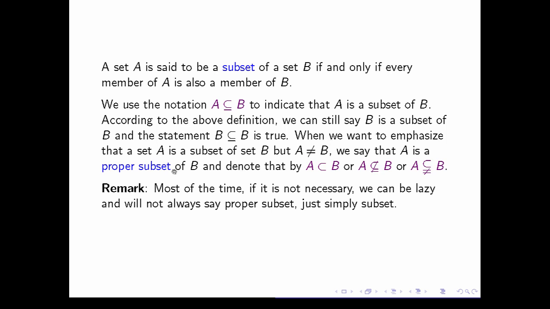In this case we say A is a proper subset of B, and we denote that by dropping the bar underneath this inclusion symbol, or we can put a forward slash on the subset symbol, and in some textbooks they also use a different symbol to indicate that A is a proper subset of B. Sometimes when the proper subset is not important, we can drop the word proper.